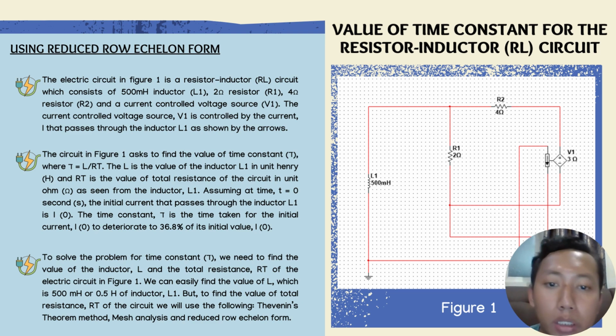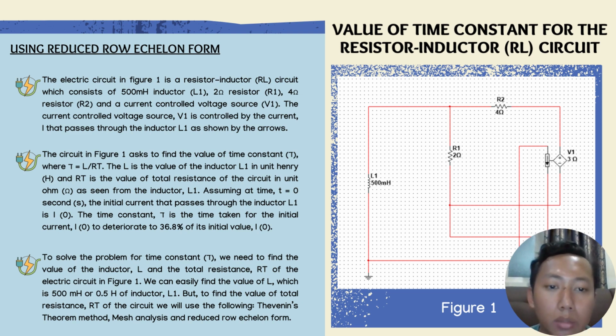The circuit in figure 1 asks to find the value of the time constant T, where T equals L over RT. L is the value of the inductor L1 in Henry H, and RT is the value of the total resistance in ohms, as seen from the inductor L1.